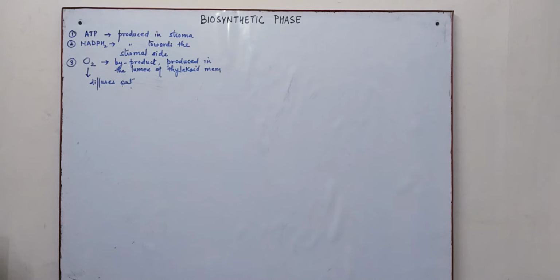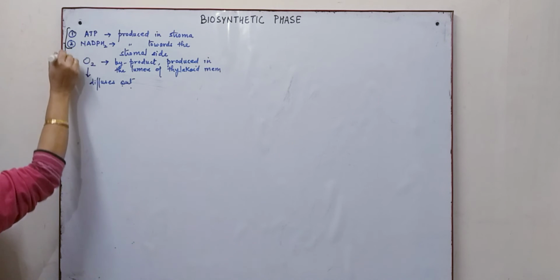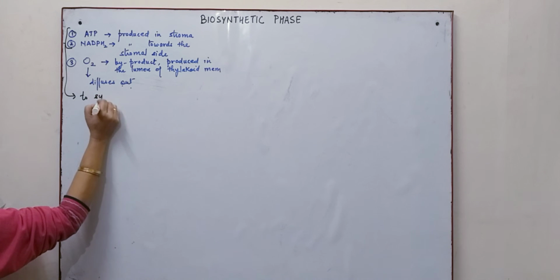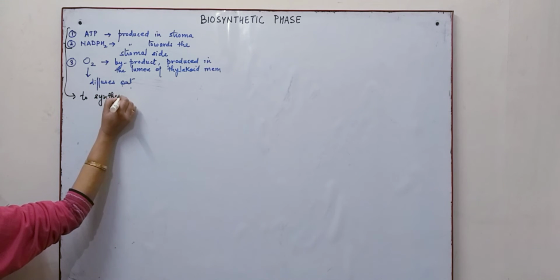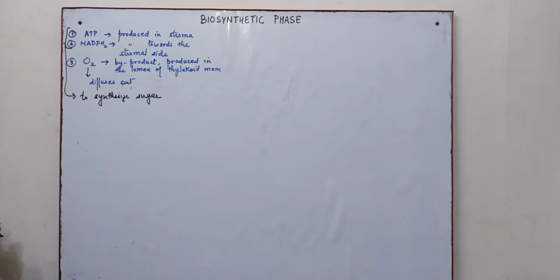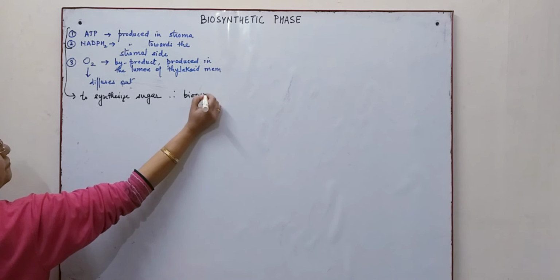The NADPH and the ATP produced in this reaction are utilized to synthesize sugars by the plants, and therefore it is known as the biosynthetic phase.